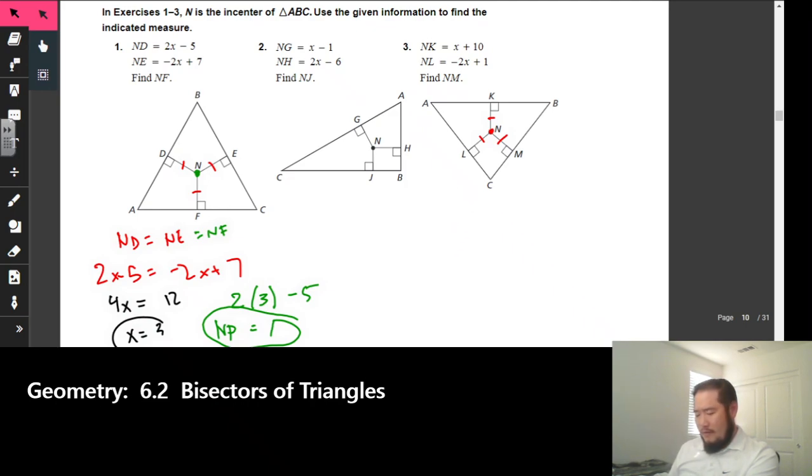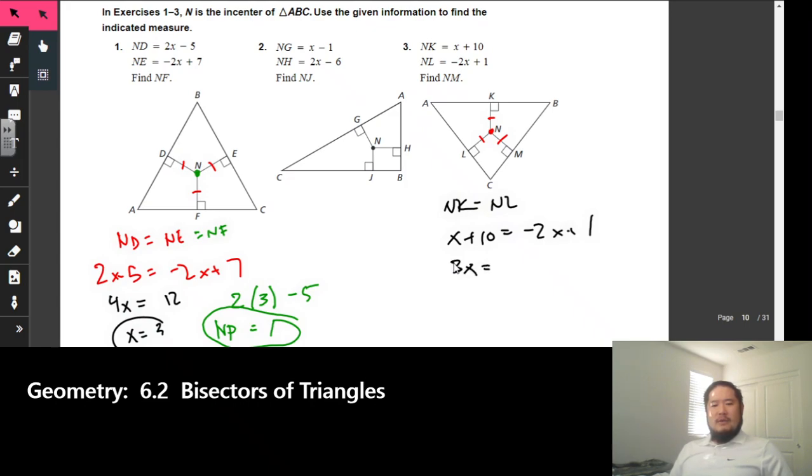So I could start off by putting that NK is equal to NL. x plus 10 is equal to negative 2x plus 1. I'll add 2x to both sides, and then subtract 10. So I got 3x is equal to negative 9, and x is equal to negative 3.